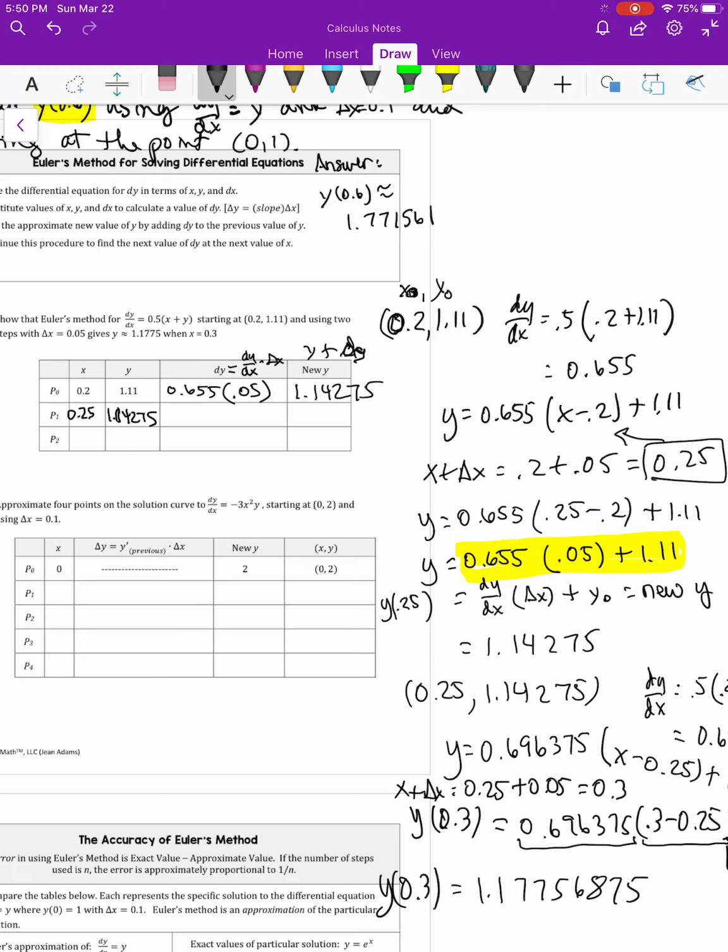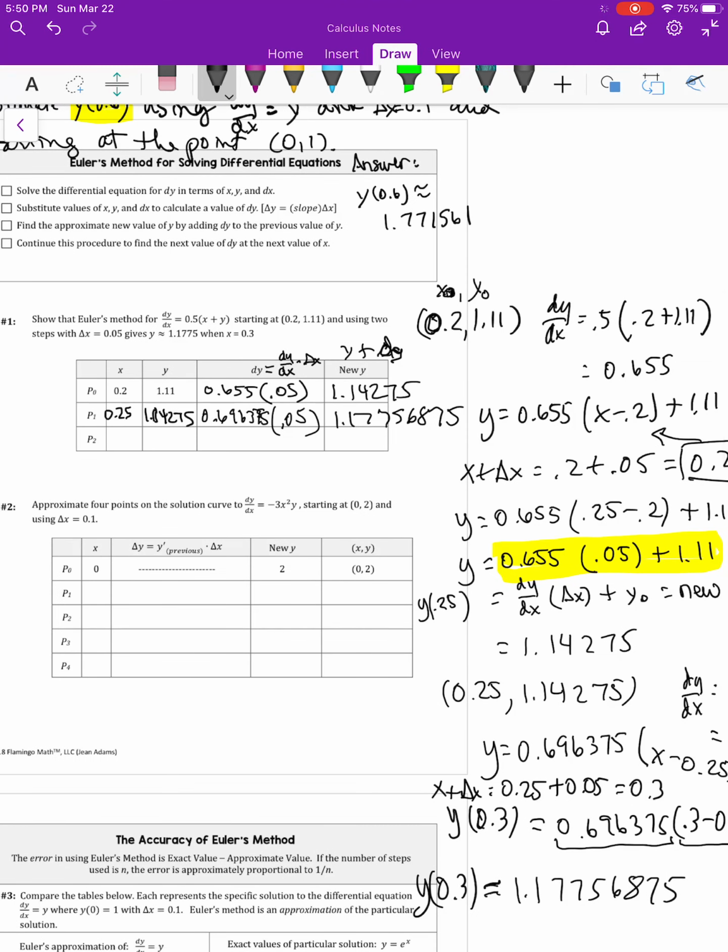And you would put 0.6963750 times 0.05 there, and then you would have 1.17756875. And see, this is your approximation at your 0.3.